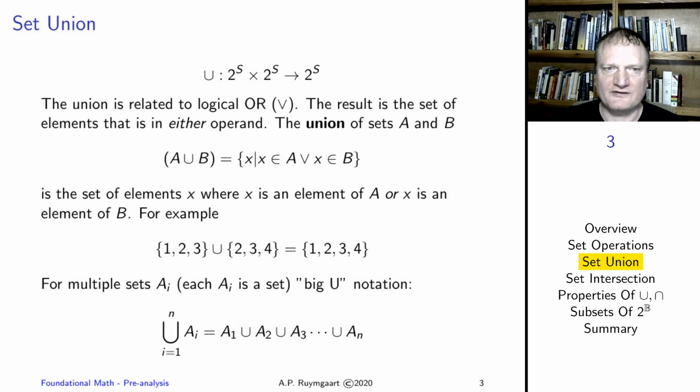The union of sets A and B equals the set of elements X, given that X is an element of A or X is an element of B. So we get the set of elements that are either in the left operand set A or in the right operand set B. An example: if we have on the left the set of numbers 1, 2, and 3, and on the right we have the set of numbers 2, 3, and 4, our result set has the numbers 1, 2, 3, and 4.